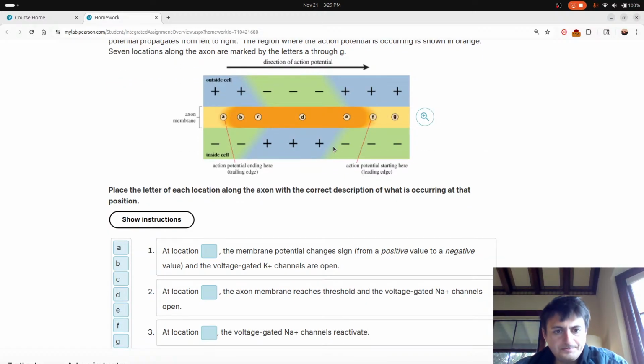At location, the membrane potential from a positive... okay, so this is the overshoot phase.